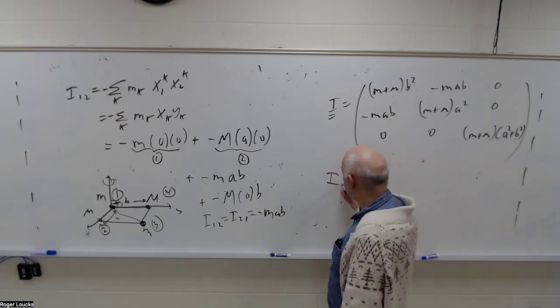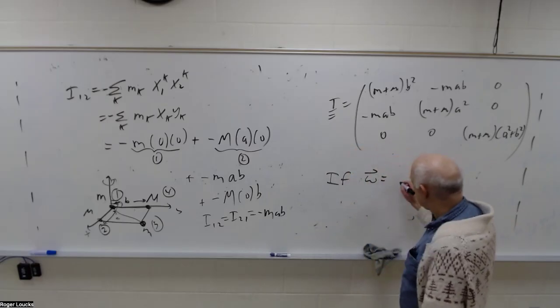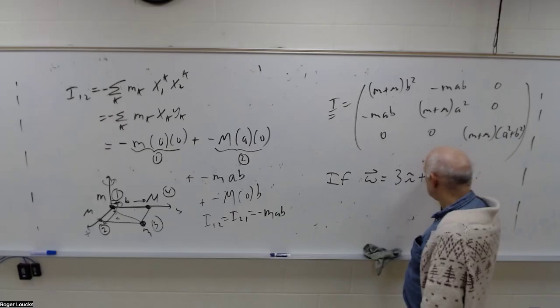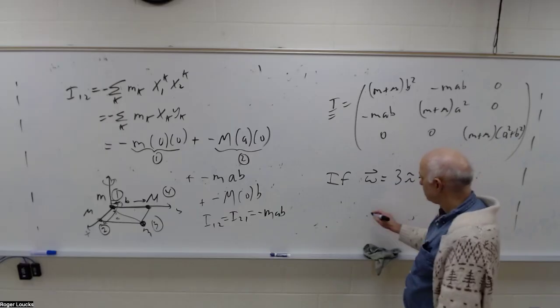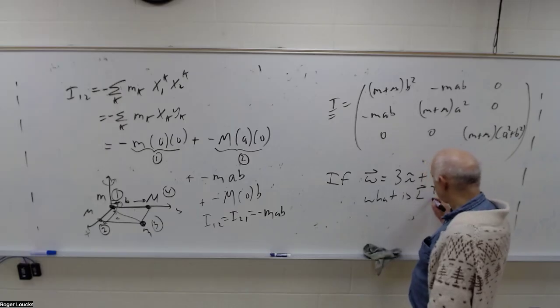So if omega equals 3 i hat plus 4 j hat, what is L?